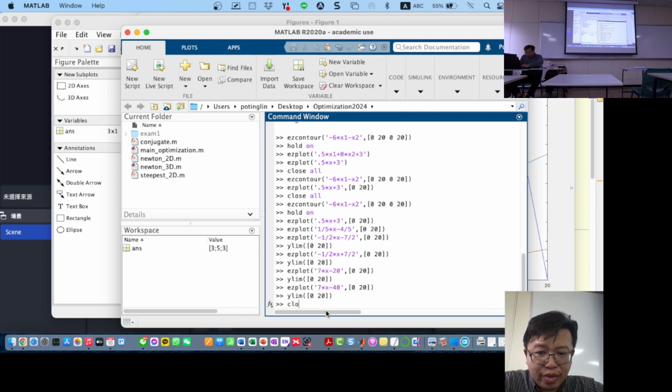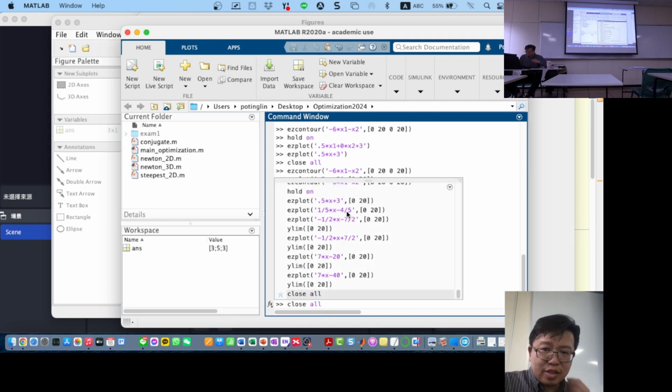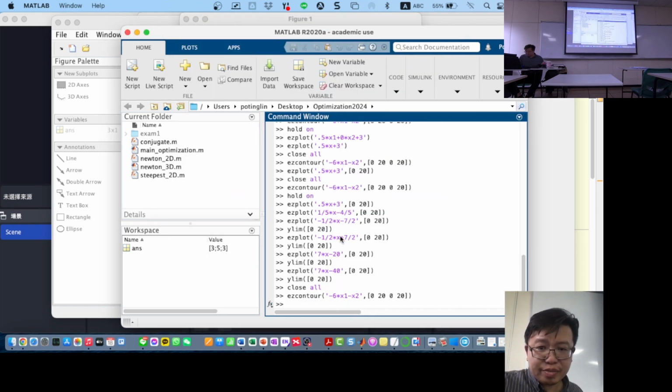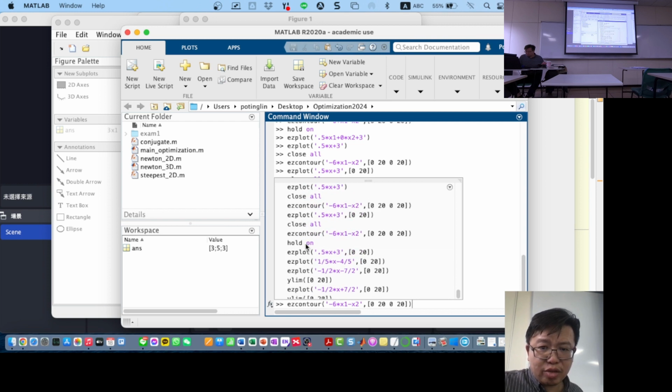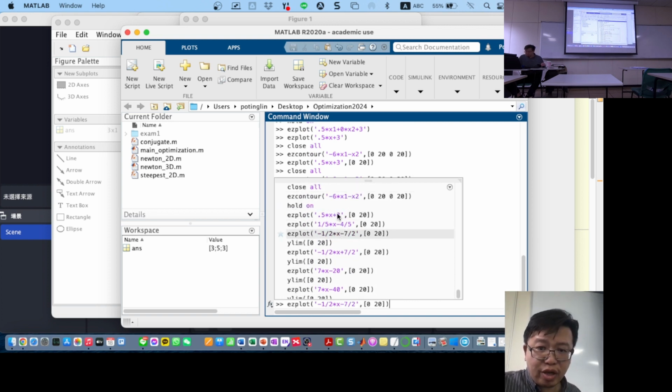The objective function, okay, hold on. The first plot should be positive 1/2.